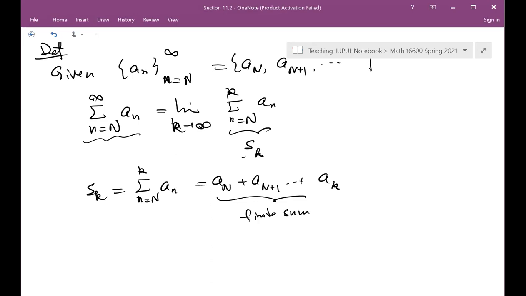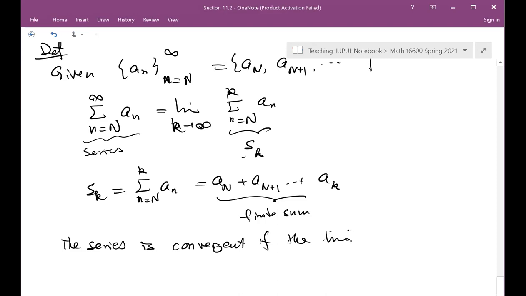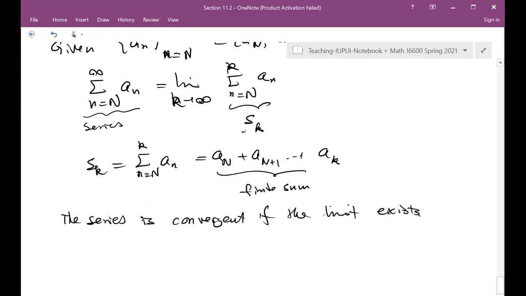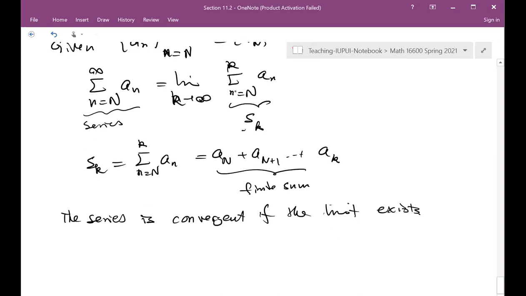If the limit exists, then this is called a series. The series is convergent if the limit is finite, if the limit exists, and that is the limit.